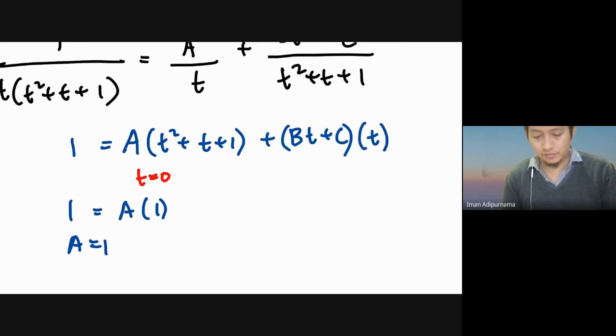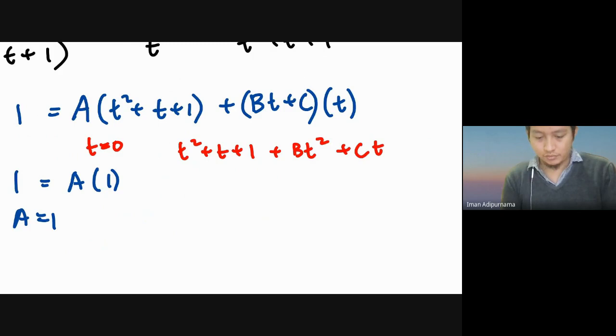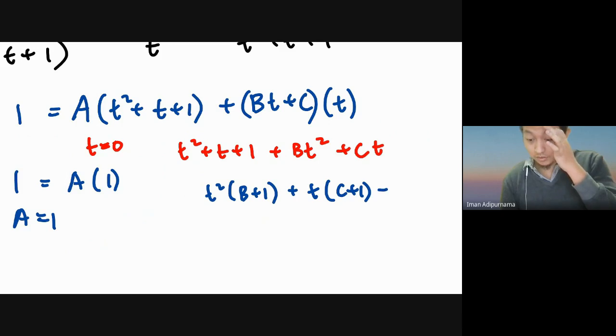And since a is 1, we can write directly 1 equals t squared plus t plus 1 plus bt squared plus ct. We can write down that t squared is b plus 1, t is c plus 1, and then plus 1 is equal to 1.